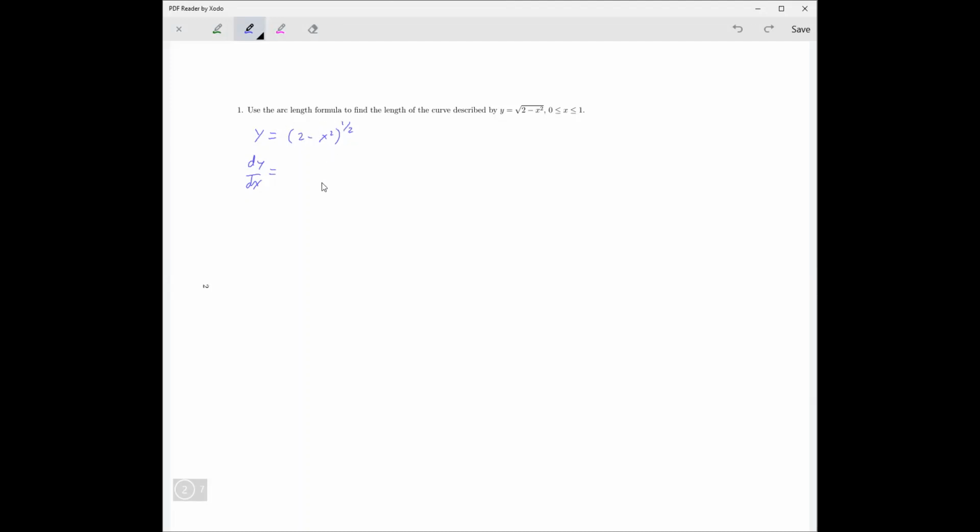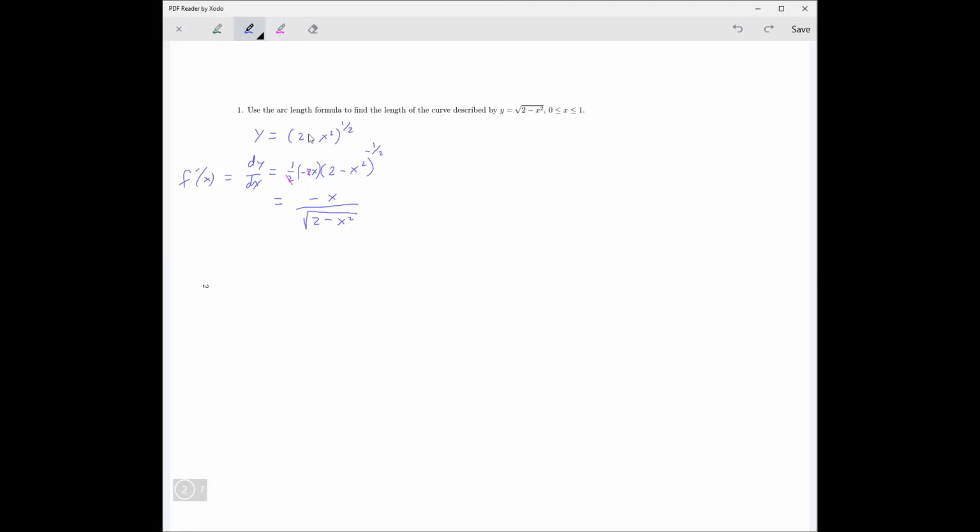You bring a 1/2 down, reduce the exponent by 1, so 1/2 minus 1 is negative 1/2, and then a negative 2x comes out right there. These 2's will cancel, and you have negative x over the square root of 2 minus x squared. That's our dy dx, or our f prime of x, if you will.